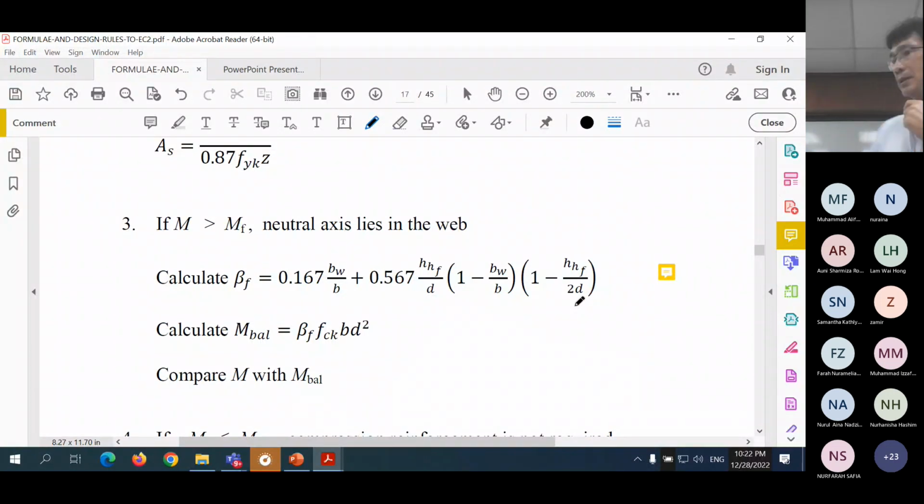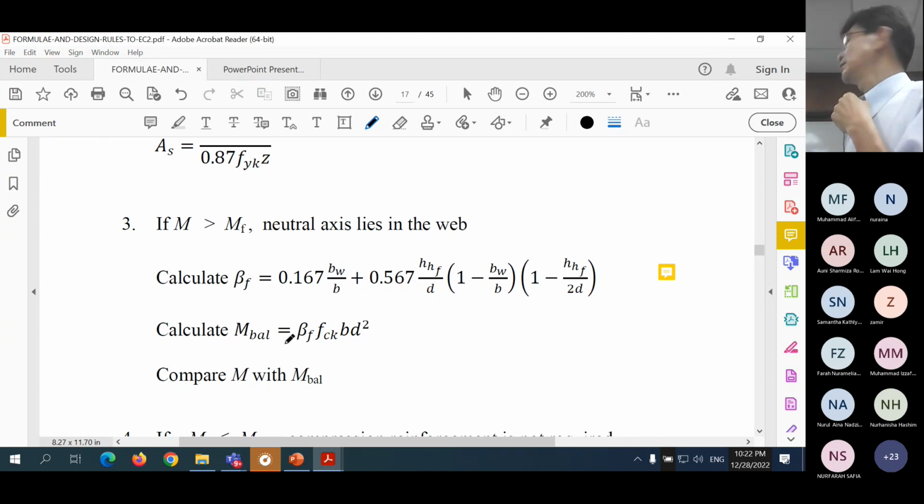Okay. Then, after calculating beta F, you calculate M balance for neutral axis lies in the web. So you calculate beta F first, then you calculate M balance, which is beta F multiplied by FCK B D squared. Then you compare M with M balance.